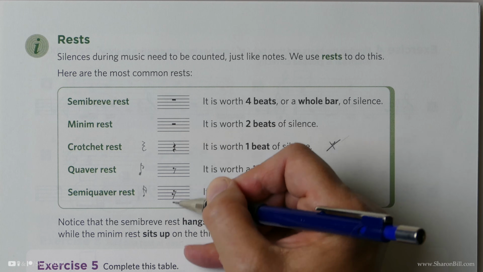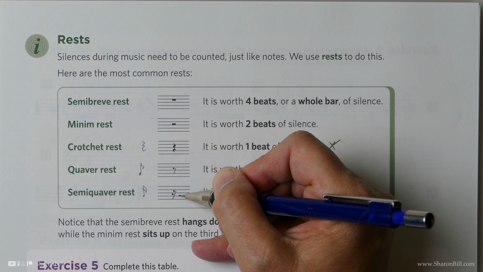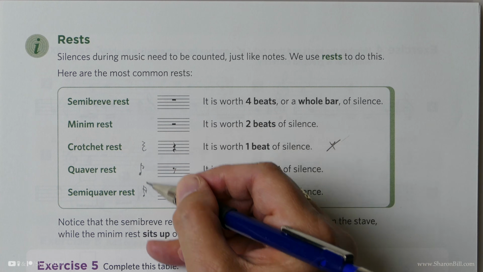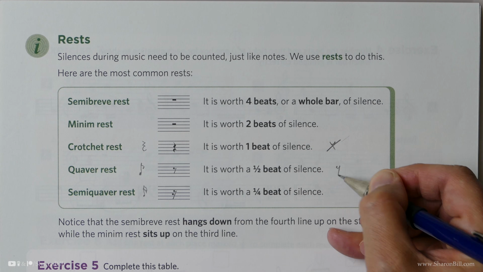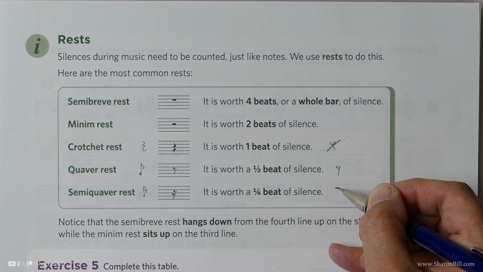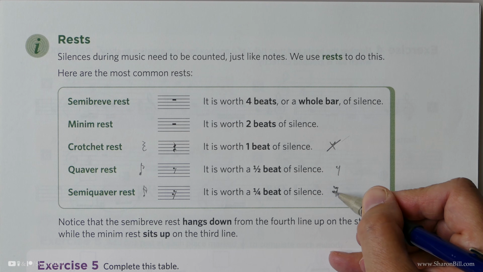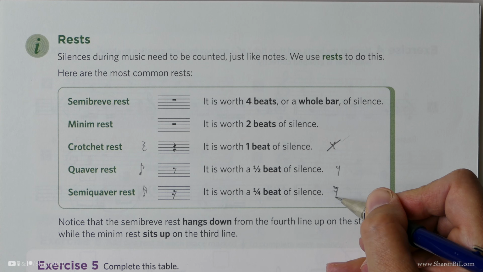That's just because there's a super fancy font on the computer that's printed this. You could do a little blob if you like, but don't worry too much about it, especially on the semiquaver rest where you're perhaps running out of space if the blobs start getting in the way.